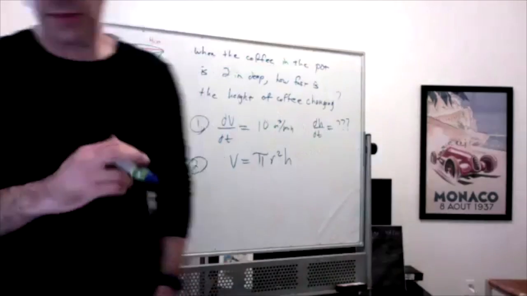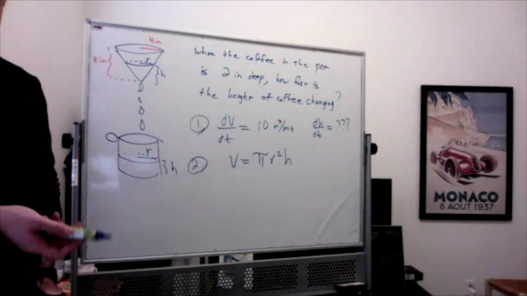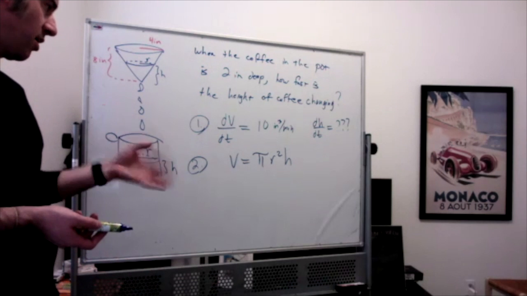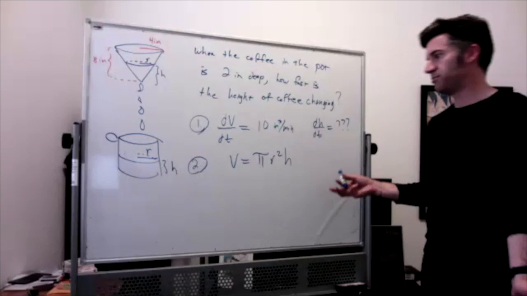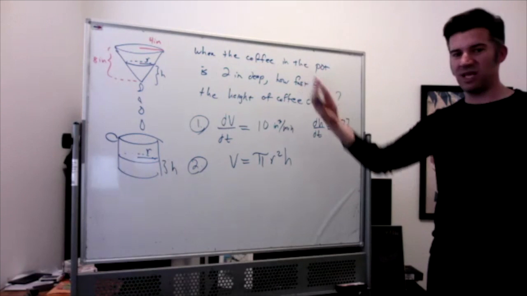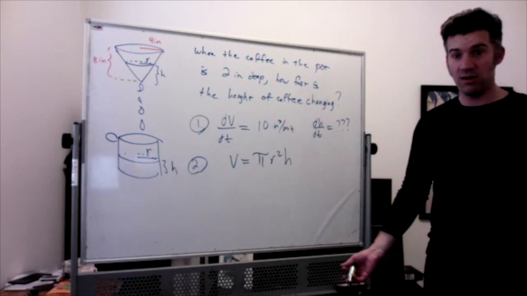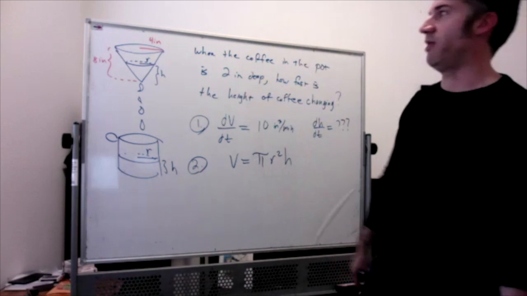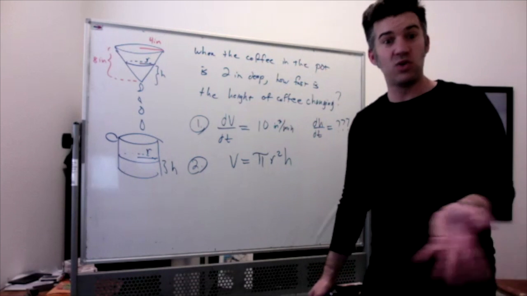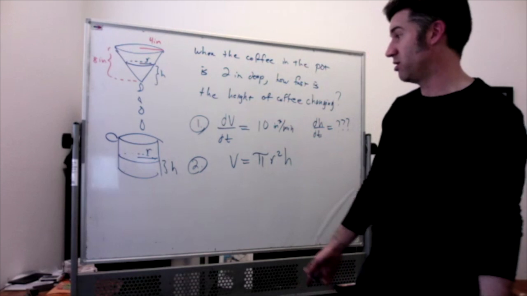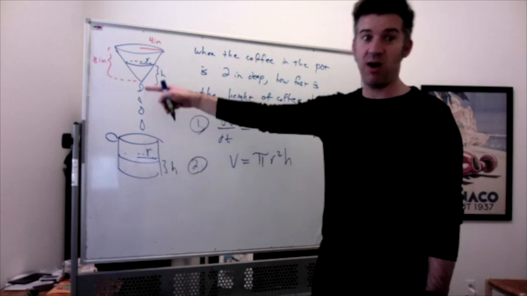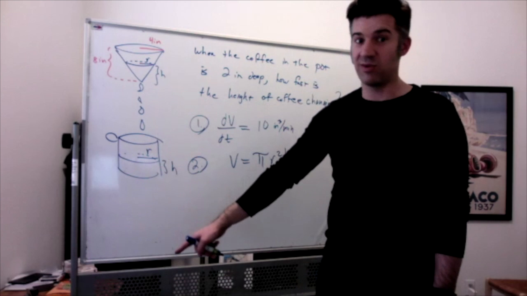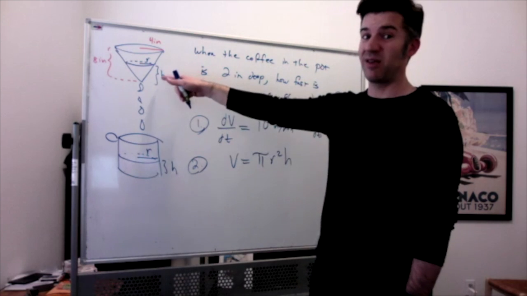And now I've definitely seen people make an error here in that they want to use the same relationship for r as they did before. They want to say, oh, r is 1/2 the height, whatever. It's super easy if you've got a cylinder. The radius is 4 inches, no matter how high the water is, because we're in the cylinder, not in the cone.